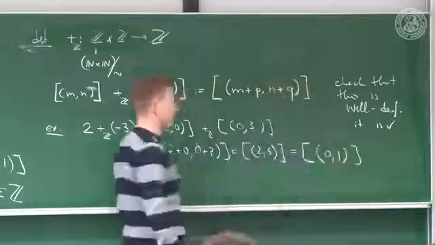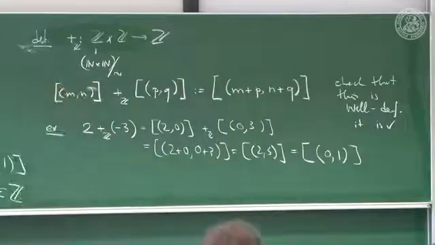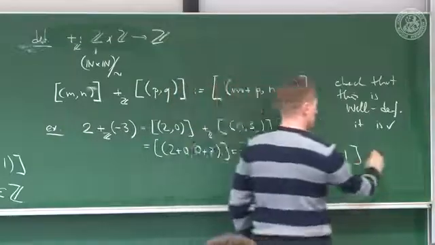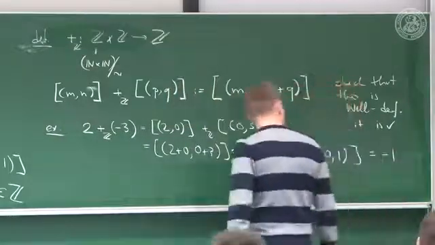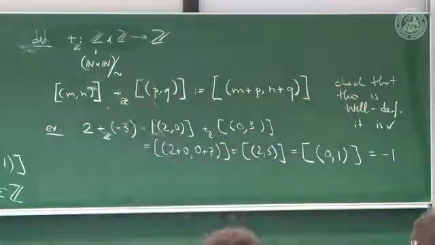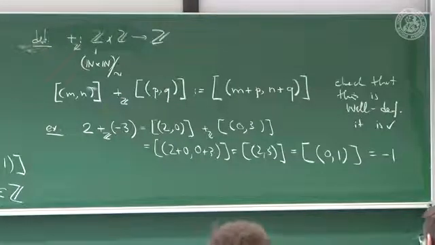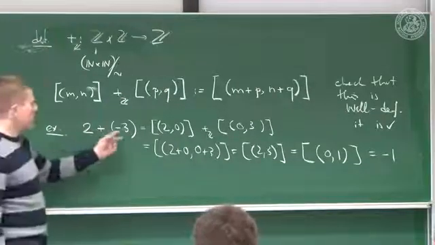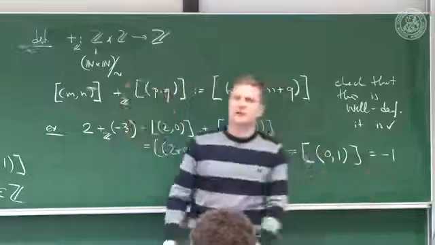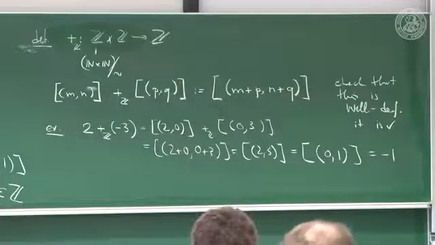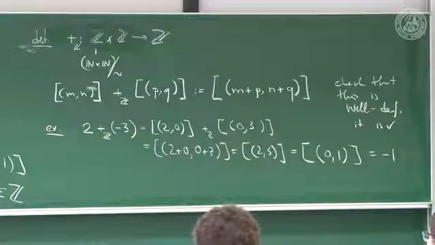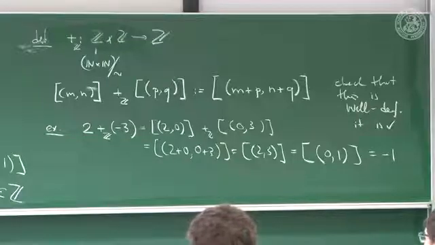It's the same equivalence class as 0, 1. But 0, 1 has the trivial name minus 1, according to this definition. 2 plus minus 3 is minus 1. Hallelujah. This is how this works. Okay.